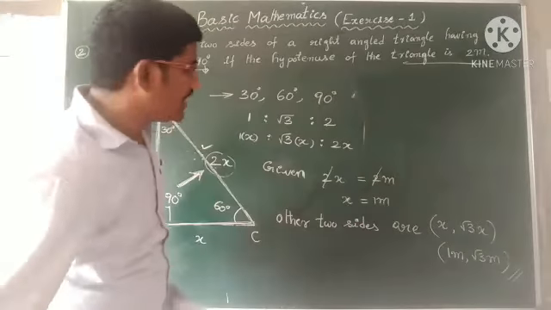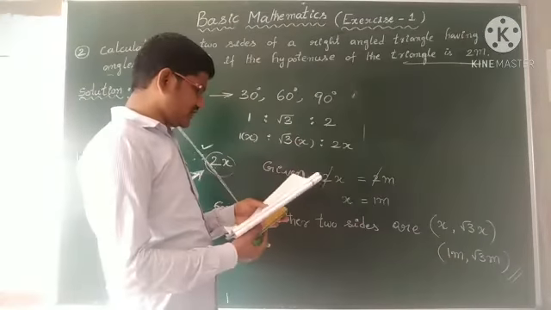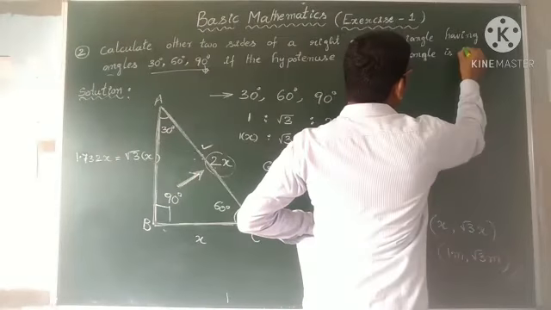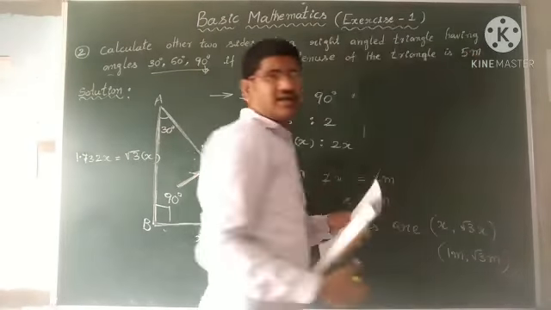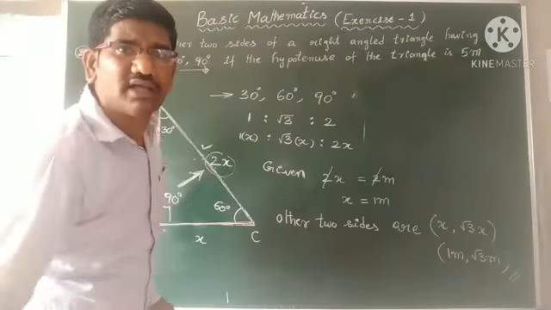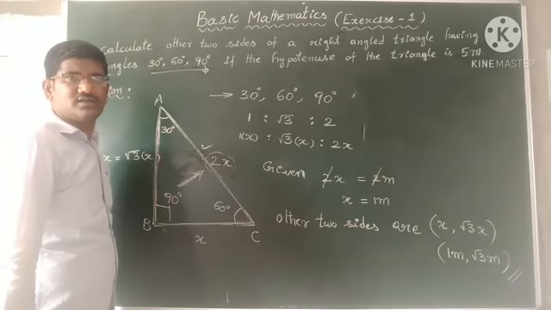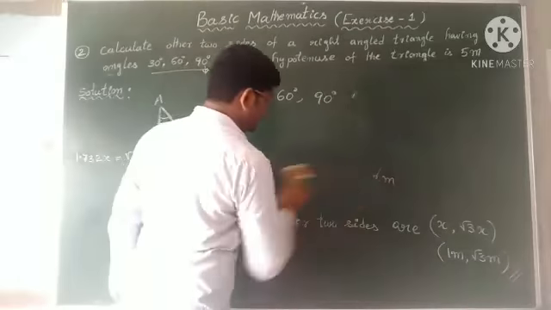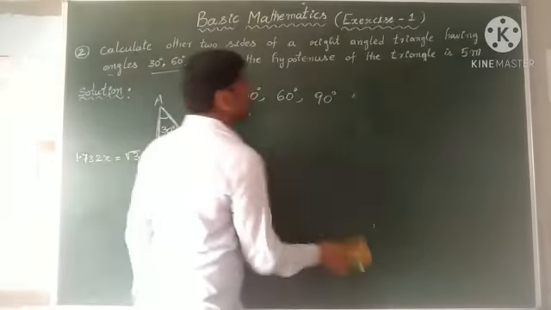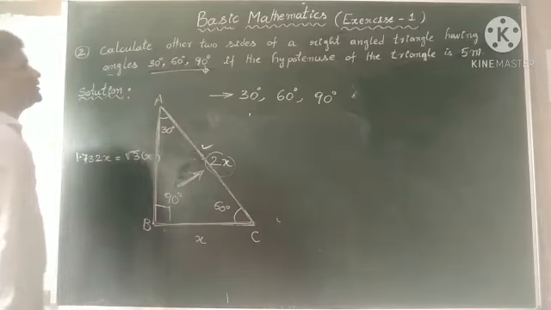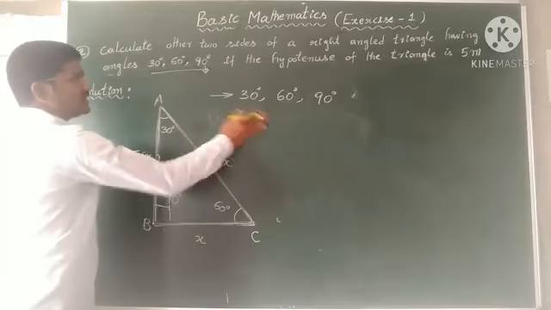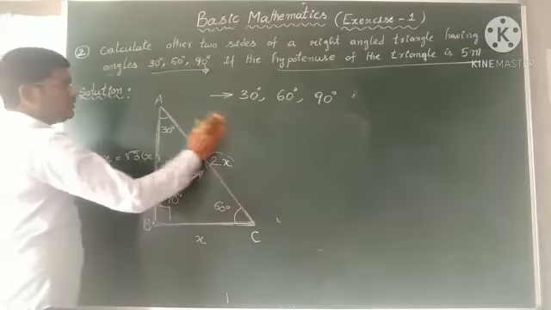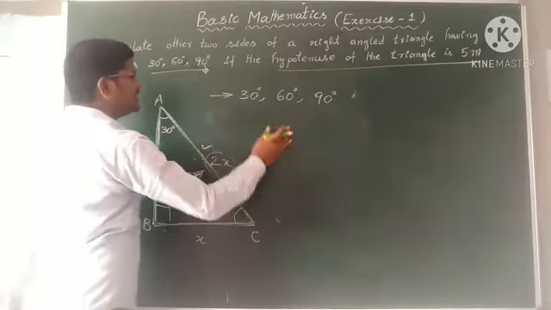Okay students, if I give 5 meters, now do the solution, children. So now I gave the side as 5 meters, and again we can go for its solution. Take the 30, 60, 90 degrees triangle where the hypotenuse, the longest side, is 5 meters.